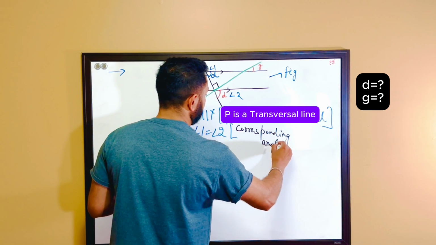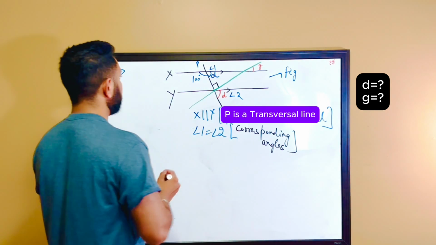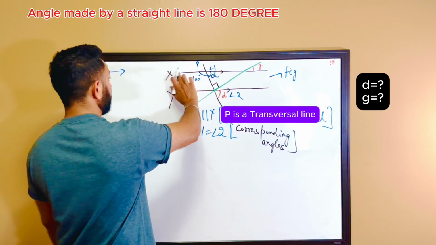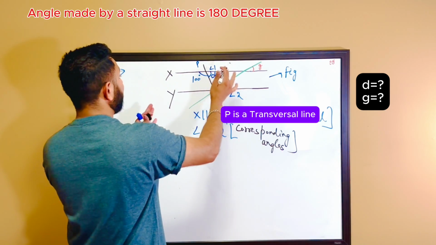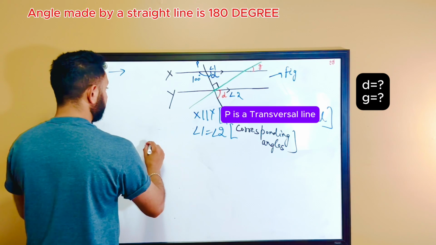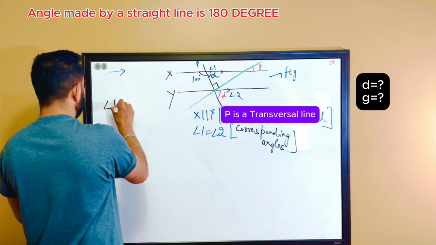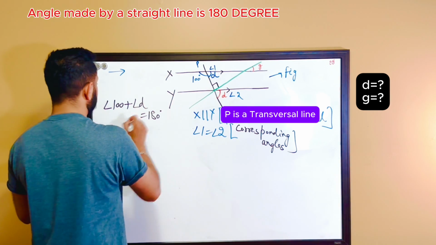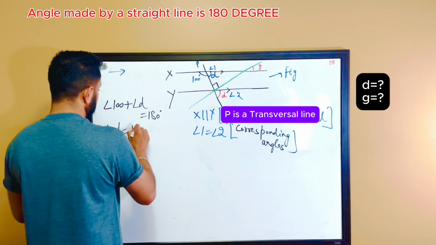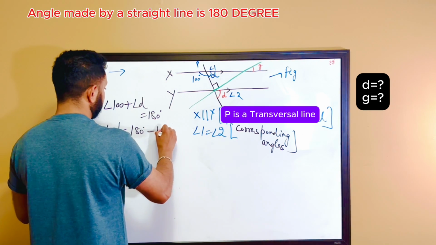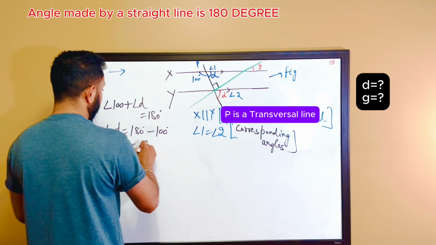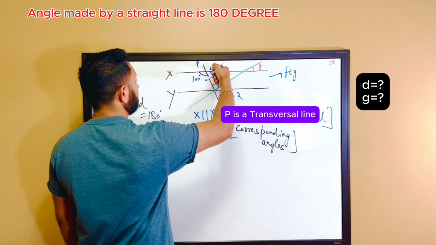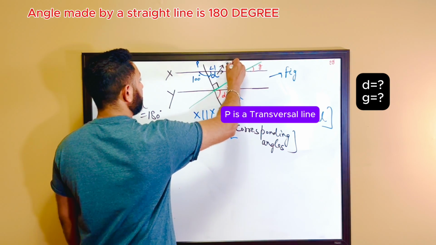And we also know that the angle made by a straight line is 180 degrees. So let's consider X, which is a parallel line, as a straight line. So 100 plus angle D is 180 degrees. So angle D is 180 minus 100, so D comes out to be 80. So that means this angle D, or we can say angle 1, is 80 degrees.